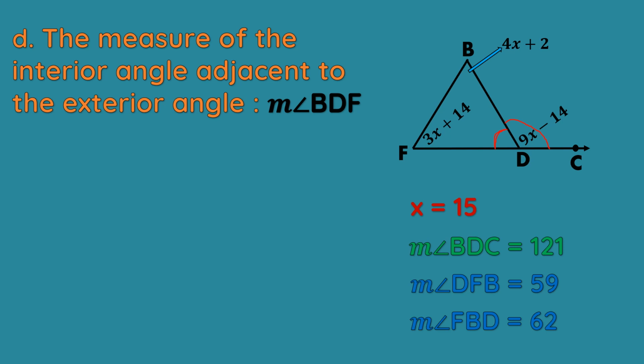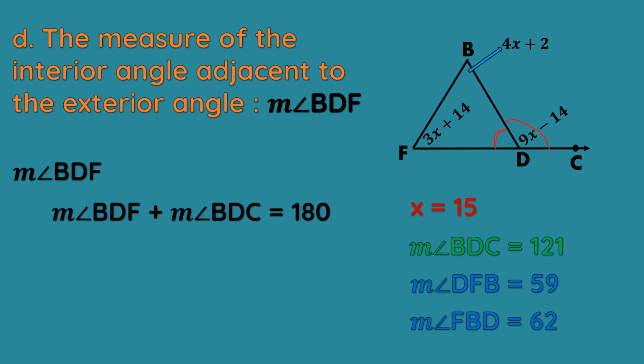So we have to add the measures of angle BDF and angle BDC and equate it to 180. That becomes measure of angle BDF plus the measure of angle BDC is equal to 180. Measure of angle BDF is the unknown. Measure of angle BDC is already known, which is 121. We equate it to 180.